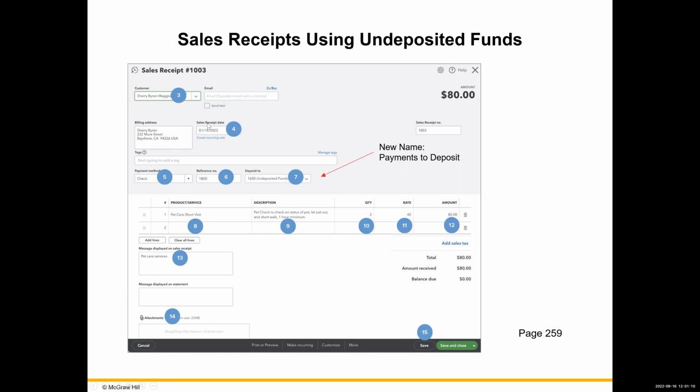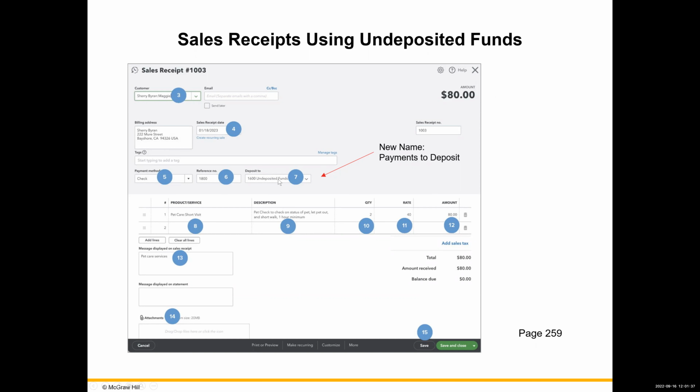And we're going to put in the date of the cash sale, which is January 18, 2023. Then we got to put, well, how are we getting paid? In this case, it's by check. I guess they could pay by credit card, but in this chapter, they're keeping it to check. I guess that's simpler. And the reference would be the check number. So it's check number 1800.